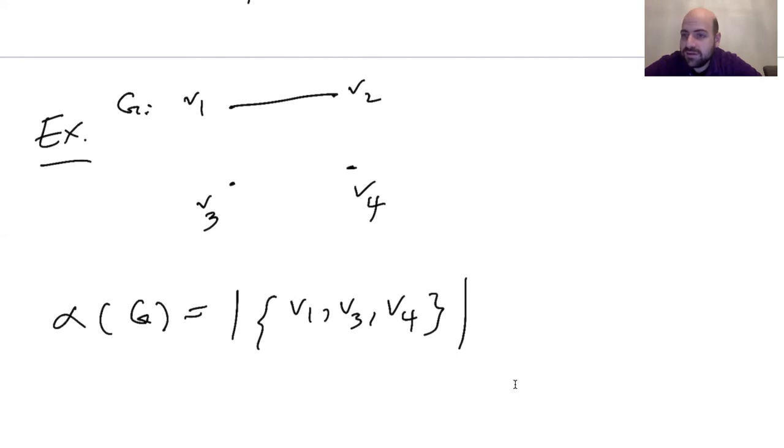V1 and V3 are not connected, V1 and V4 are not connected, V3 and V4 are not connected either. So there is no independent set of size 4, but there is an independent set of size 3. So alpha of G is equal to 3.